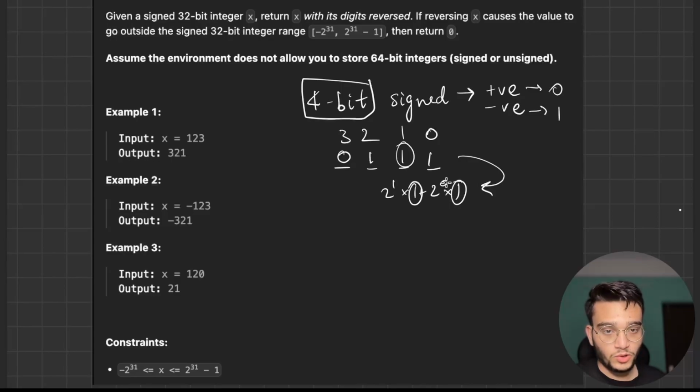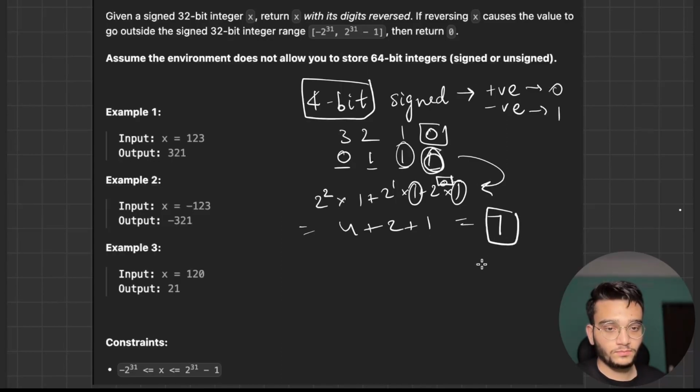Okay, so 2 to the power 0 into this bit, which is 1, then 2 to the power 1 into 1 plus 2 to the power 2 into 1. So this will be equal to 4 plus 2 plus 1, which is equal to 7.